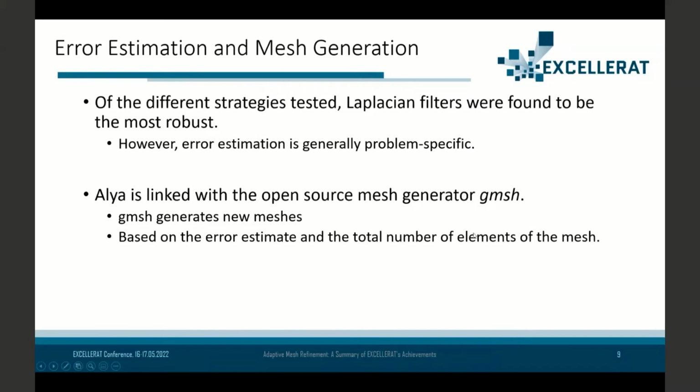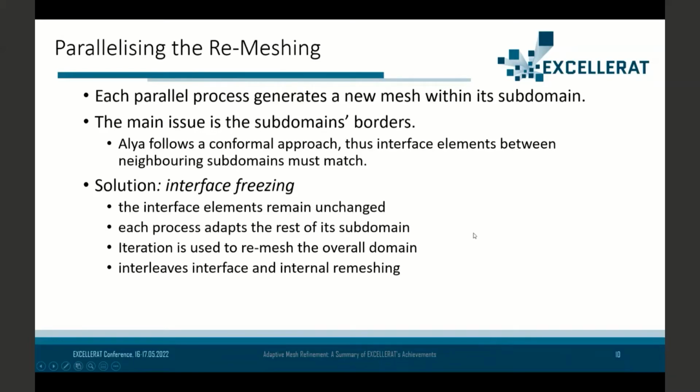So when parallelizing this remeshing, or I guess repartitioning, each parallel process will generate its own new mesh within its own domain. The key issue here for pretty much all AMR codes is what happens at the border or the interface of each MPI rank's domain.